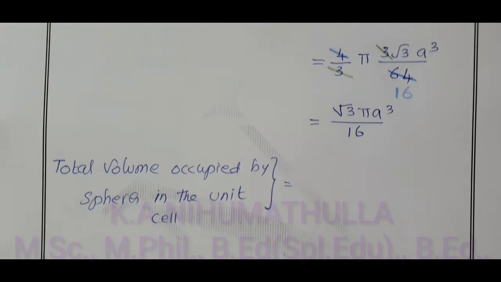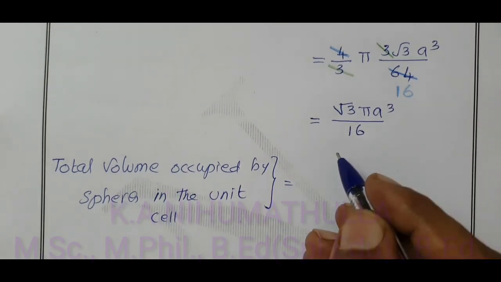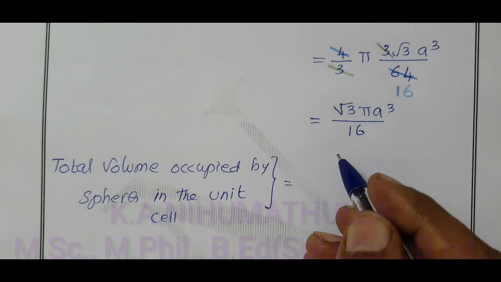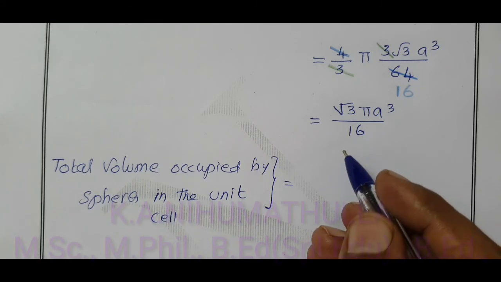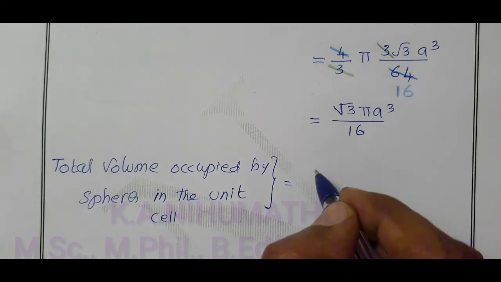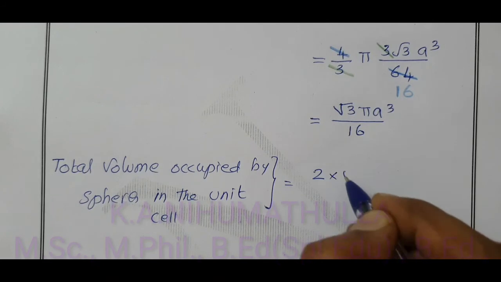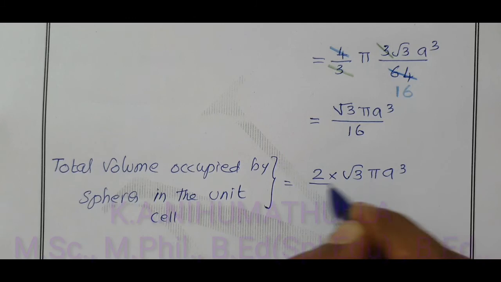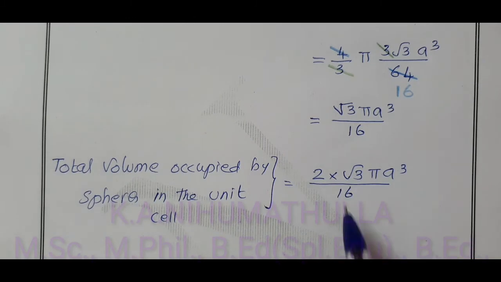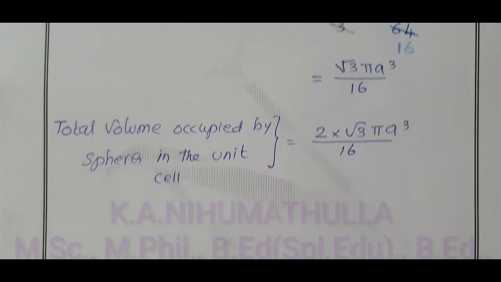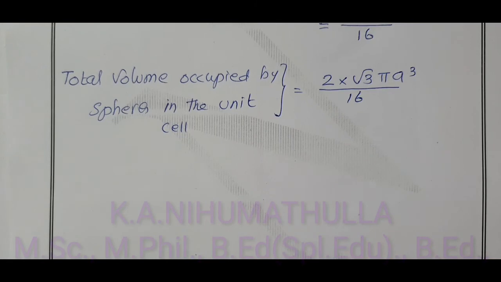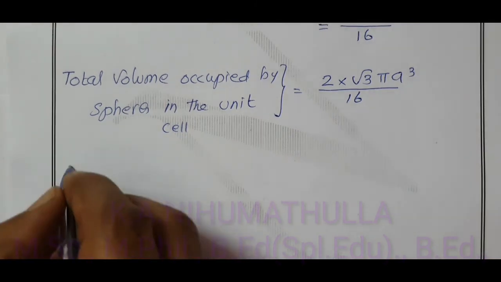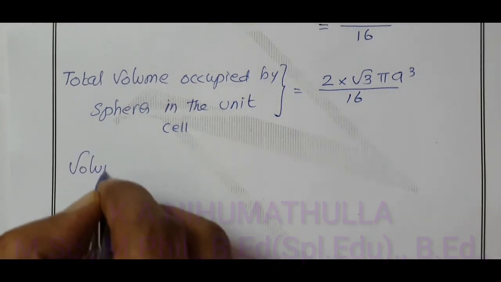We are discussing BCC. Therefore, total number of atoms is 2 in body centered cubic lattice. 2 into root 3 pi A cube by 16. This is our numerator quantity in calculating packing fraction. What is our denominator quantity? Volume of the unit cell.